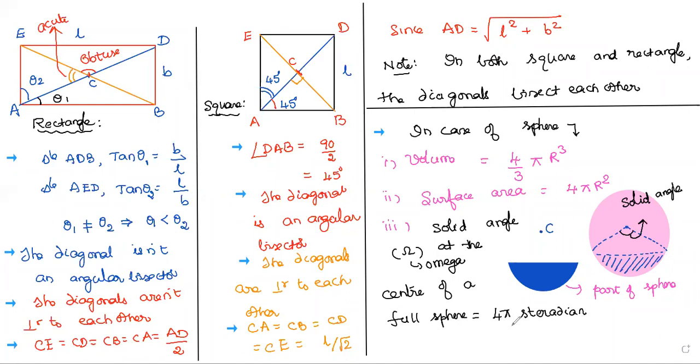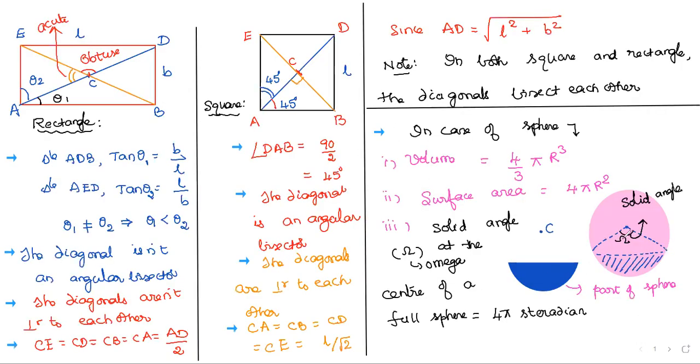Now if I say the solid angle here is omega, using your common sense only, Mr. Akhilesh, you said in case of a two-dimensional diagram, area equals theta by 360 degrees into pi r square. Use the same common sense here.